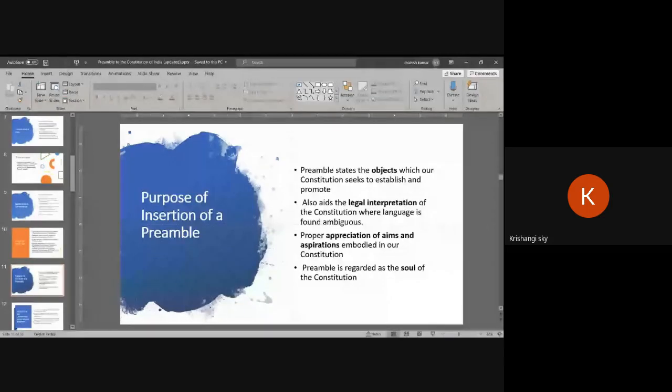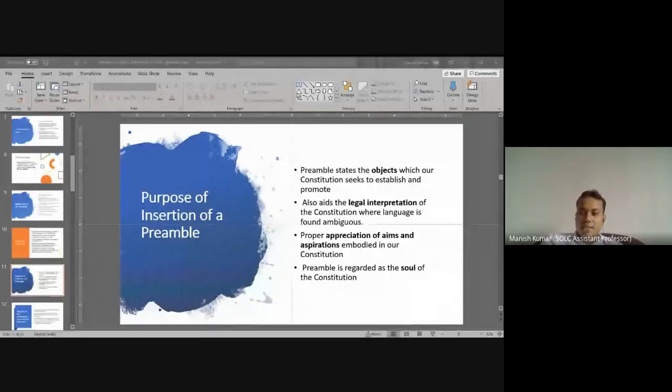Sir, what you said about 22 January 1947, you said something about the Objective Resolution. Yes, I explained this to you when I was explaining the Constituent Assembly. The preamble is based on that.